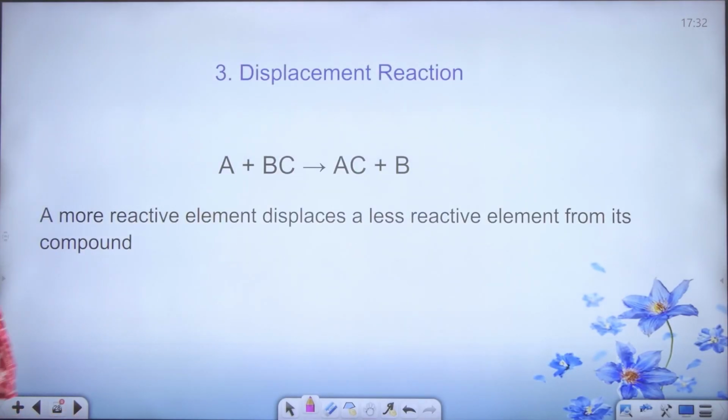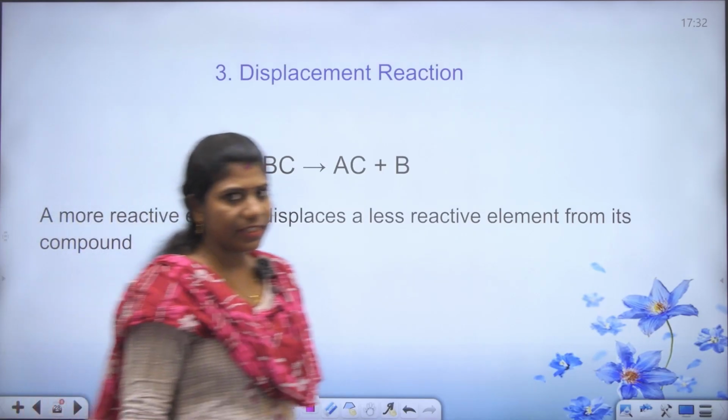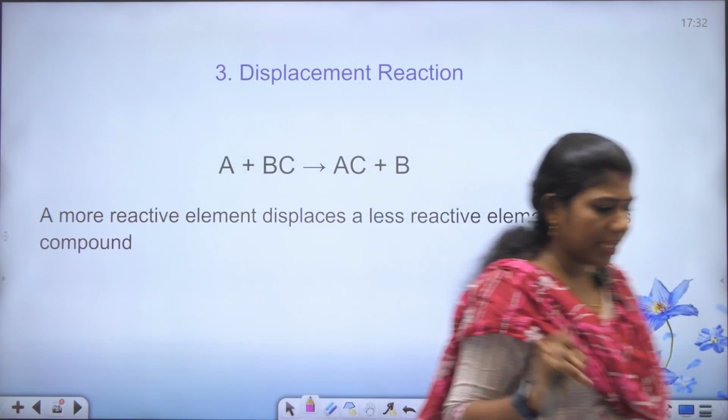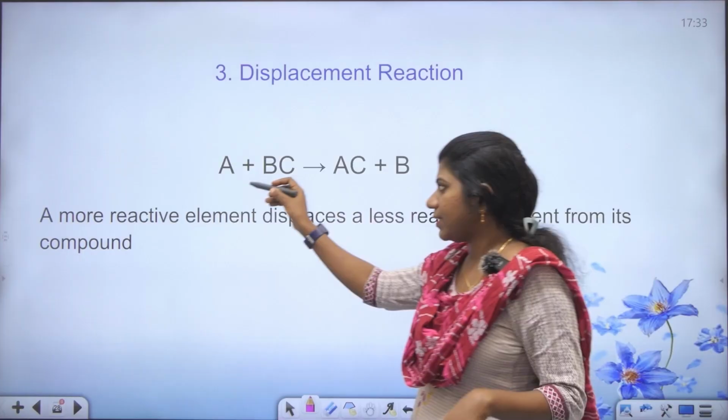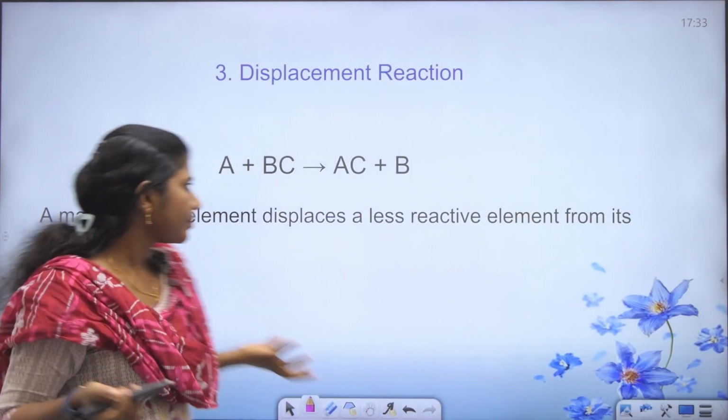Then the third type of reaction is displacement reaction. First one is combination reaction, second one is decomposition reaction, and third one is displacement reaction. Here, A plus BC reacts to form AC plus B. A is an element.